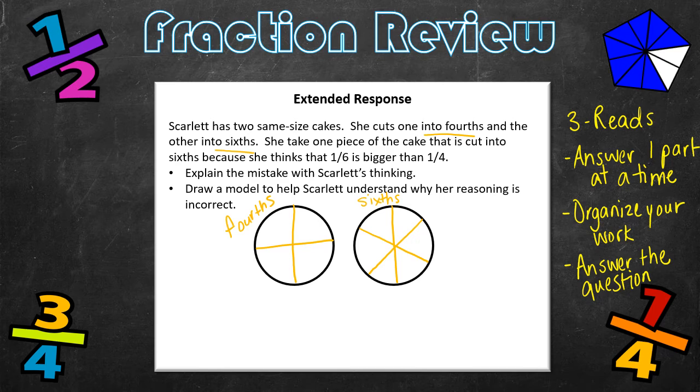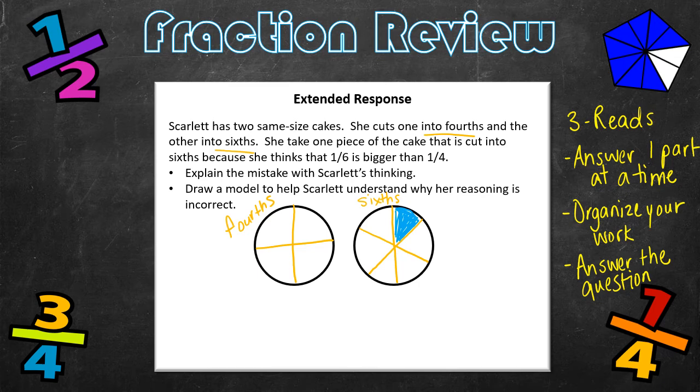And Scarlett wants to eat one piece of this one. She eats one piece of the 1/6. And she thinks that's bigger because 6 is bigger than 4. So she thinks 1/6 is bigger than 1/4.